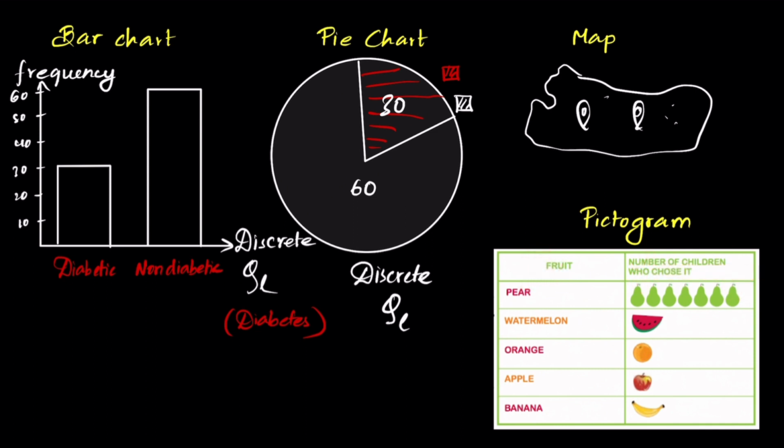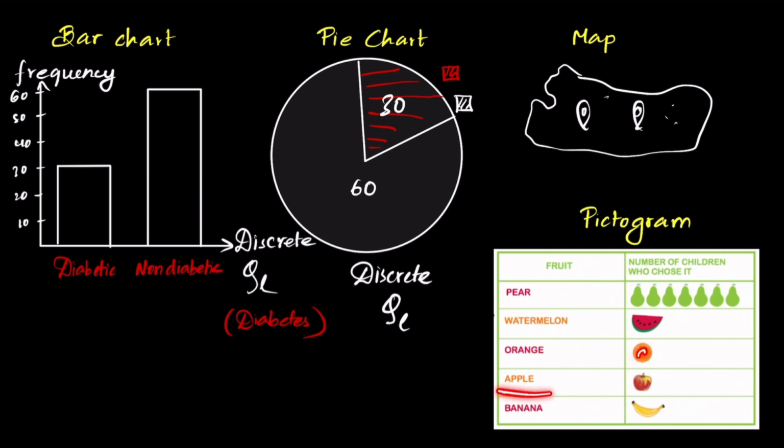The qualitative data is the fruit that the child likes, and the frequency is the number of children who like the fruit. So the fruit that children like is pear, and the number of children who like pear is 1, 2, 3, 4, 5, 6, 7. The fruit liked is watermelon, number 1.